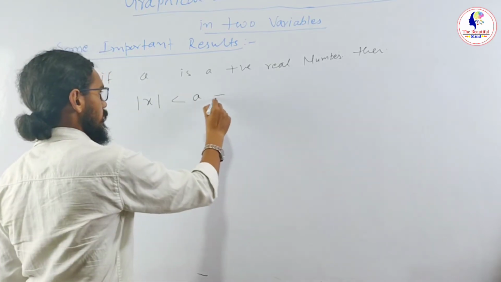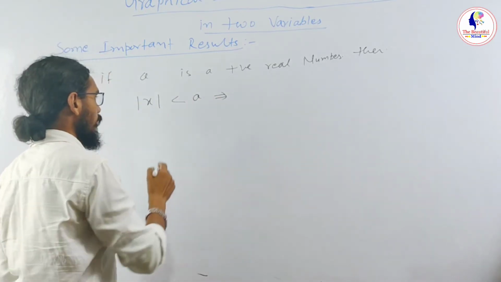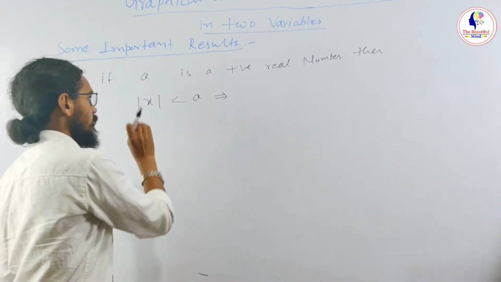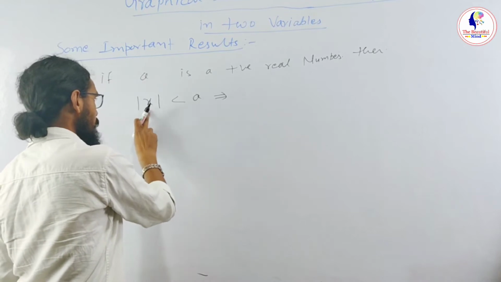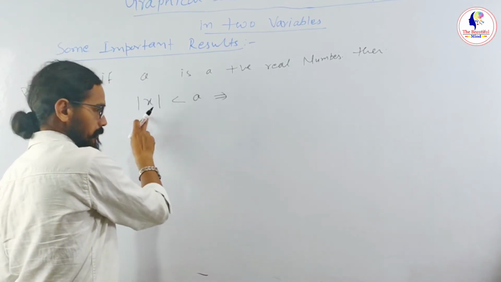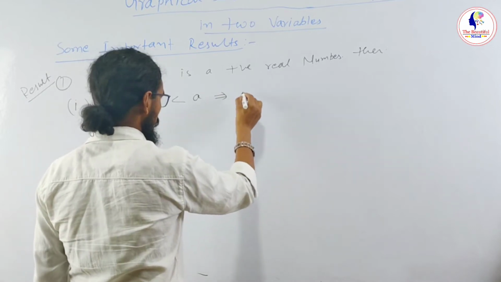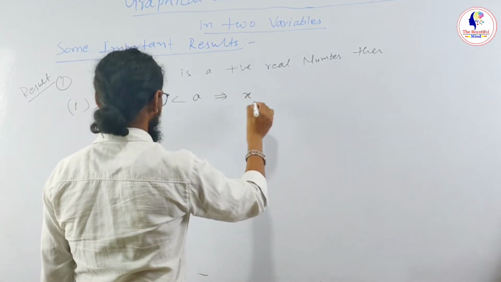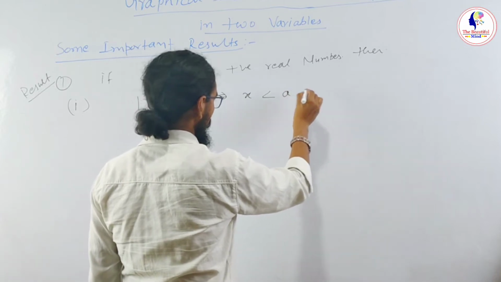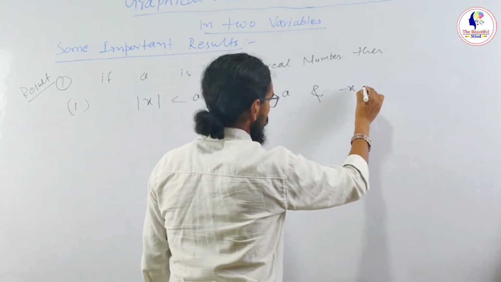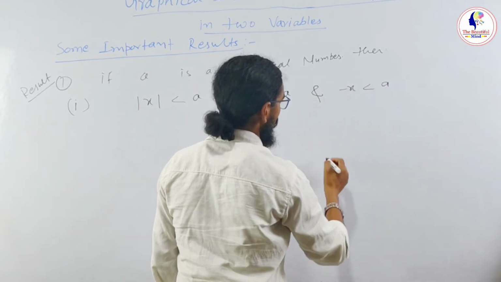Then what? This implies that, because this is the modulus of x, it can be positive or it can be negative. So if it is positive, then x less than a, and this is minus x less than a.